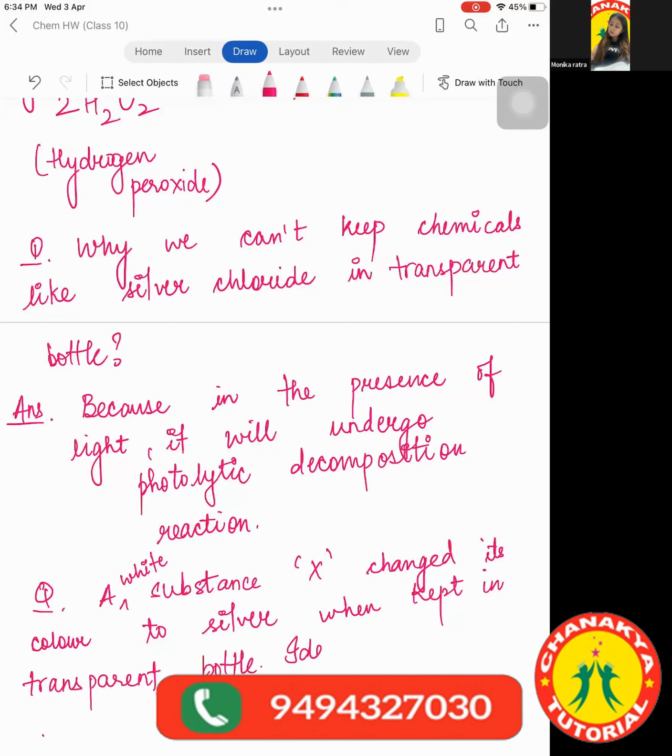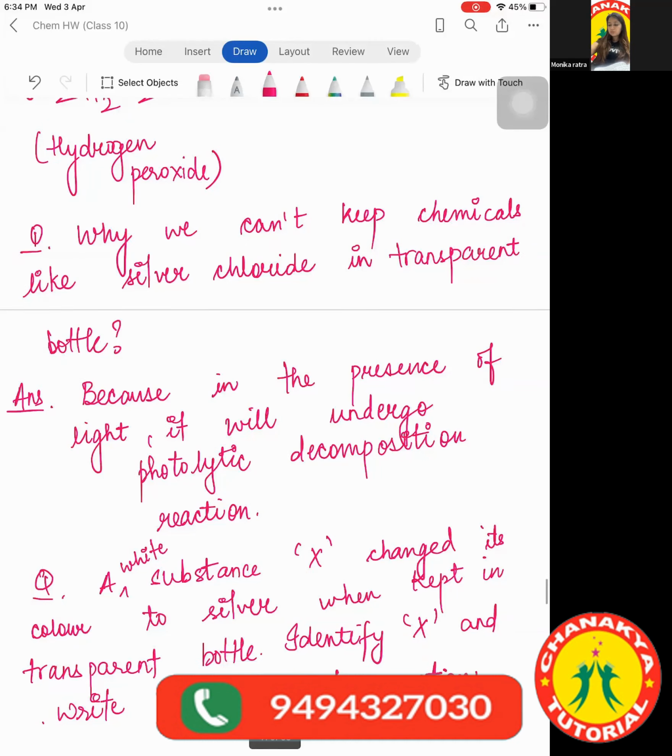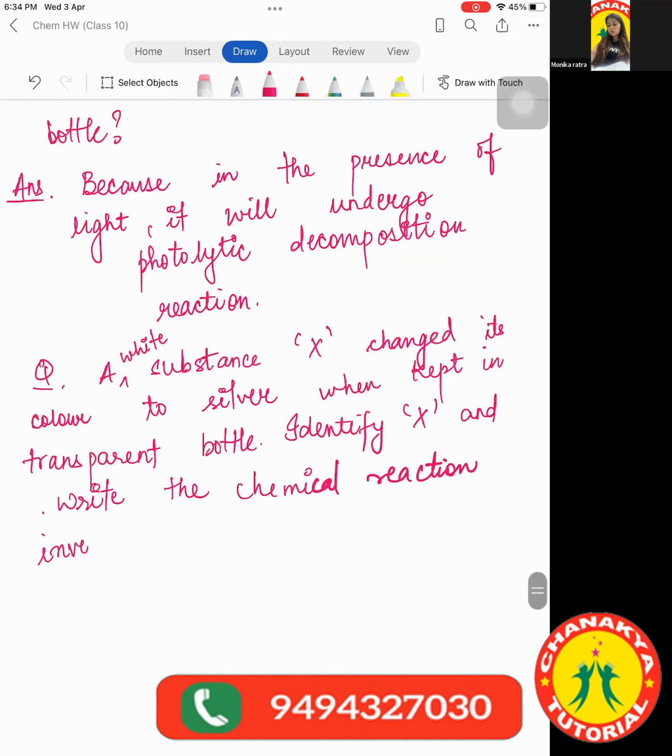Identify X and write the chemical reaction involved. Okay, children, who will try to attempt this question?